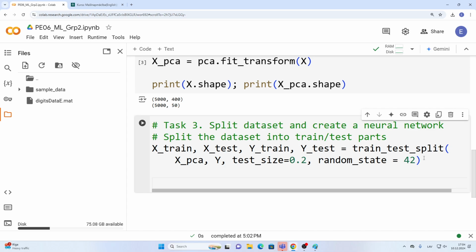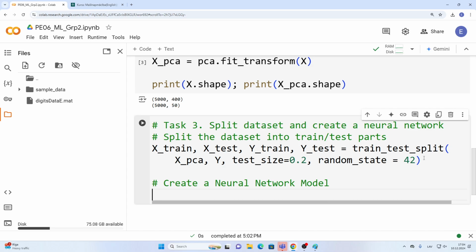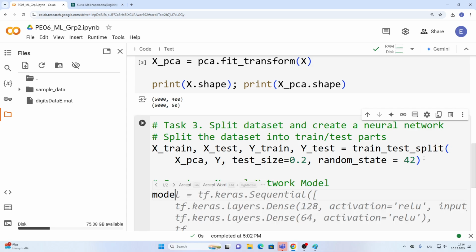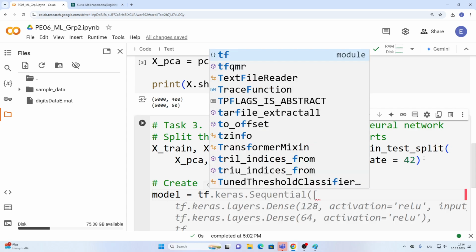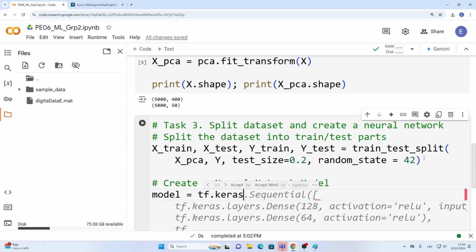And now what I'm going to do is to create a model. So create a neural network model, which we'll call simply model. Yes, it sees some autocomplete because it checks my drive and sees that I was preparing for this lecture.